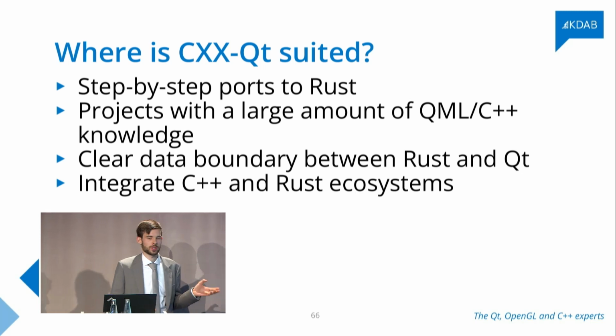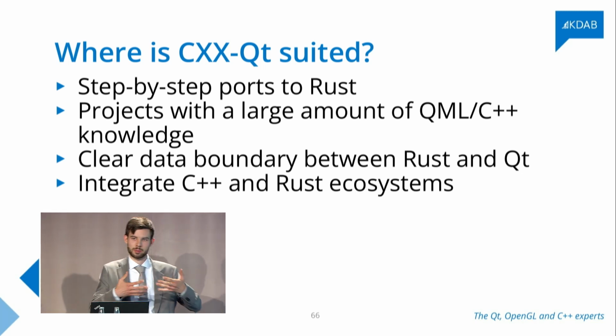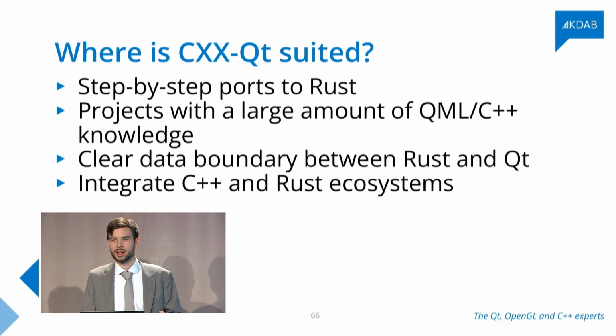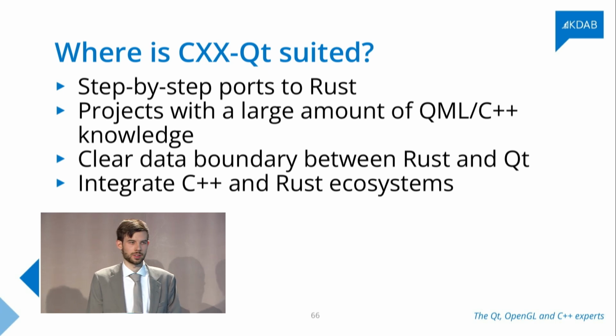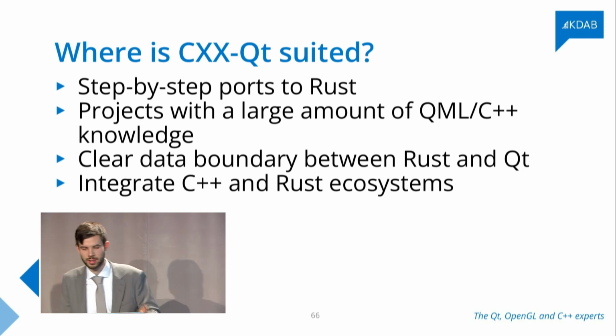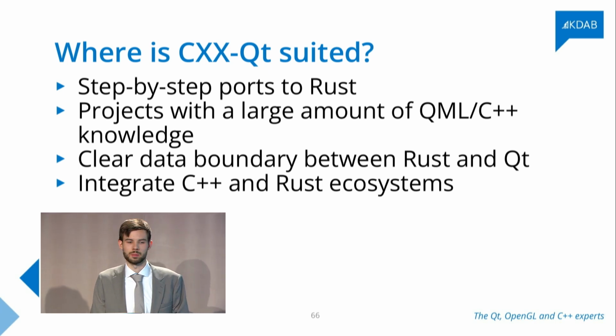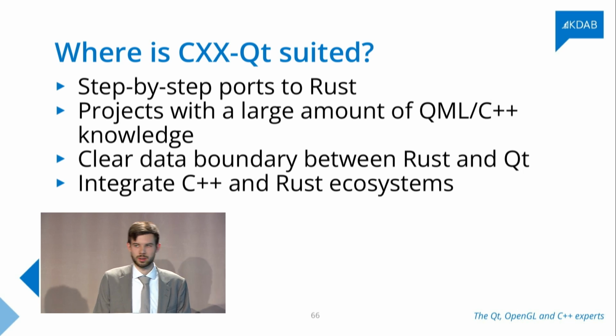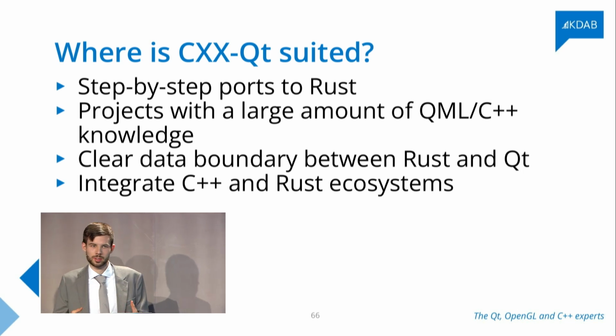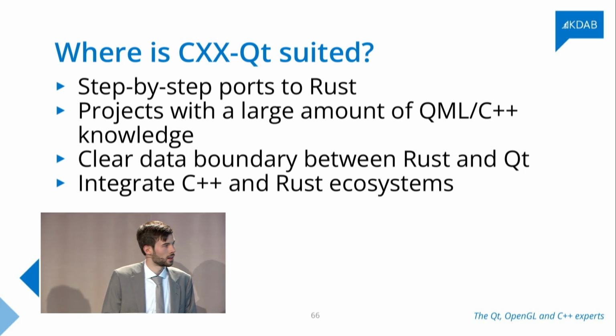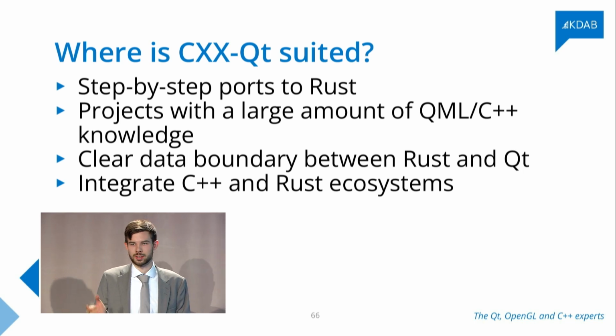And also especially because of that step-by-step approach, it's very suitable for large existing projects. Because we hook into the CMake ecosystem, you can just integrate that in CMake as normal C++ code, because that's what we generate. And then you just link to Rust as a static library, and it's all there.